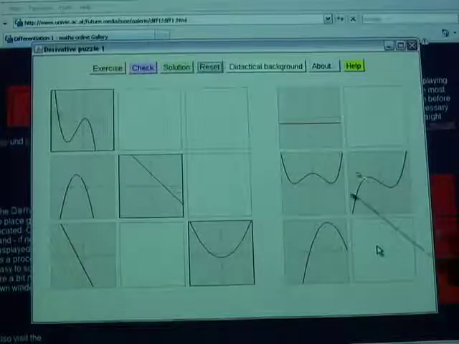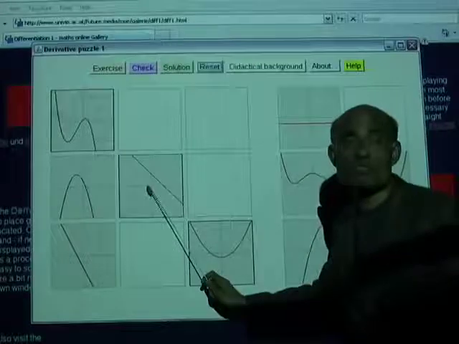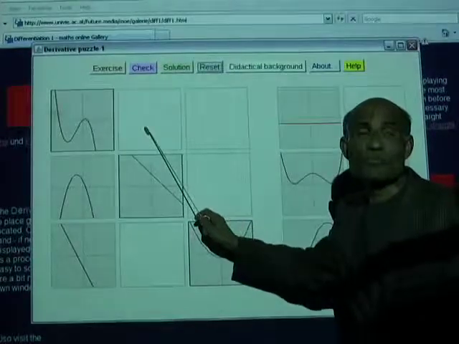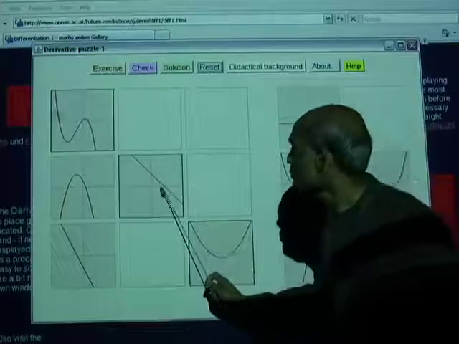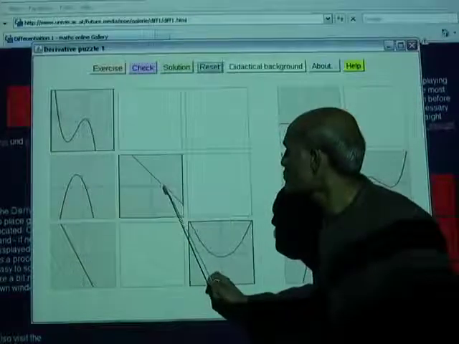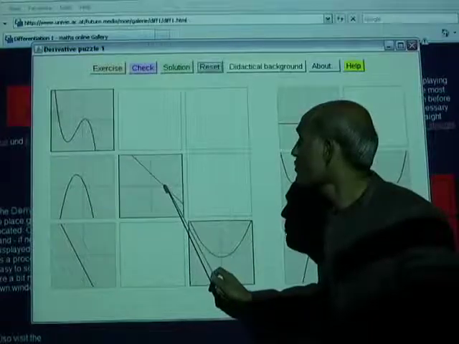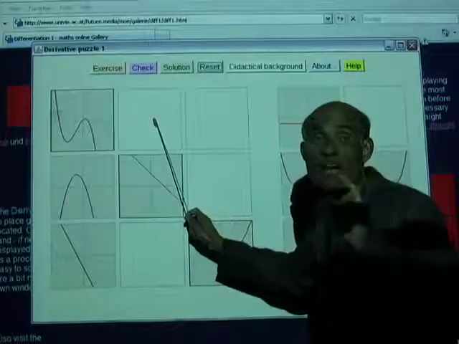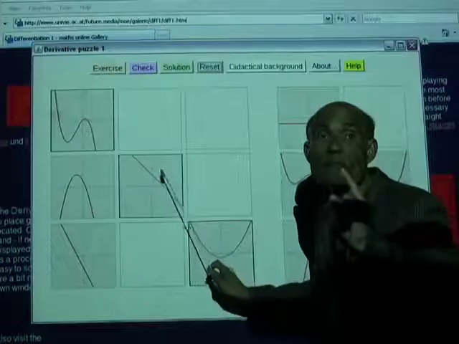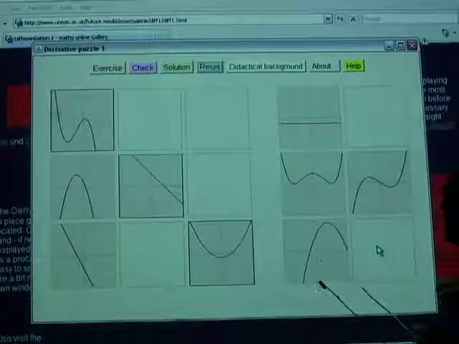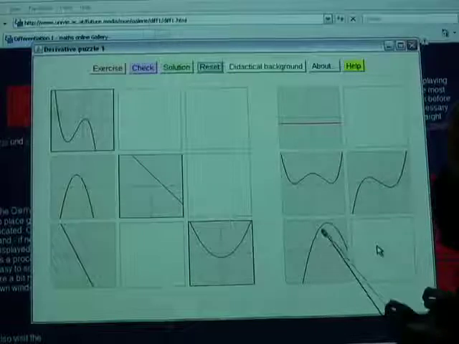Okay, now here, this is the derivative of a function you're going to put there. Which function will that be? You can see it has an x-intercept at (2, 0). That means the function graph must have a maximum or a minimum at x equal to 2. Now, see if any graph has a maximum. Look at this.